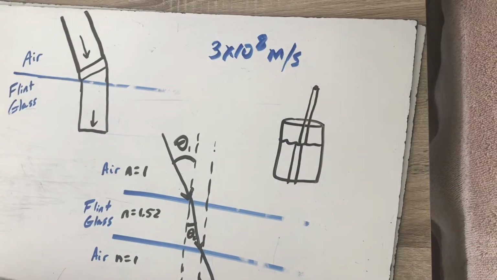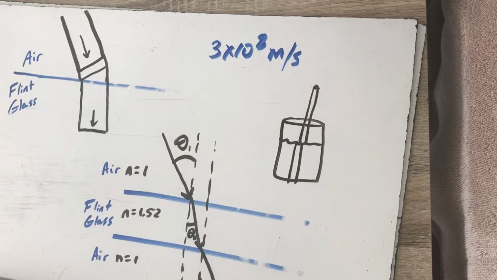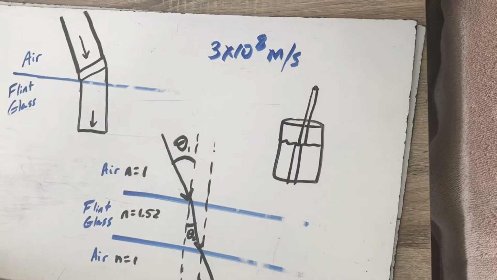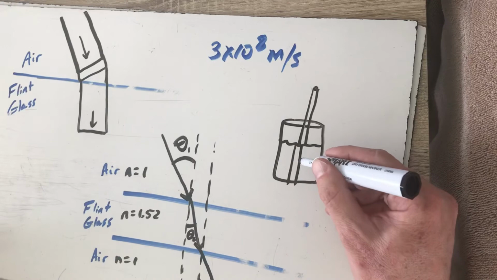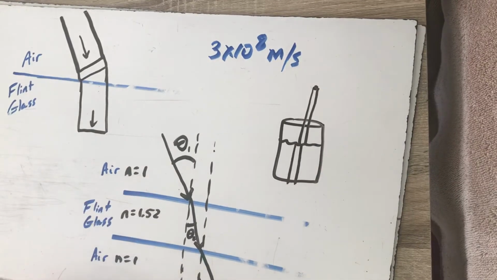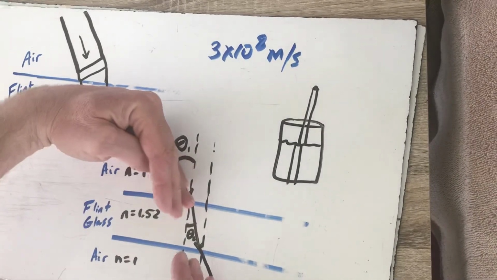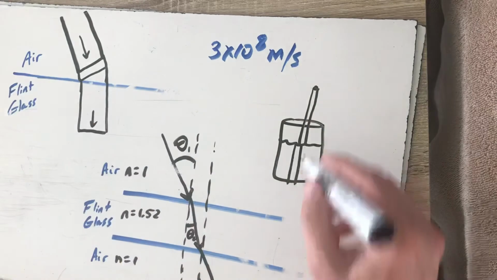Well, part of that is the light rays traveling from that straw to your eye don't just go through air. Not only are they traveling through water, but when it changes from water to glass, you get the same effect. The light ray can move a little bit faster in water than it can in glass, and that edge of the glass slows it down, and everything gets shifted over just a little bit, and that's why we see this effect.